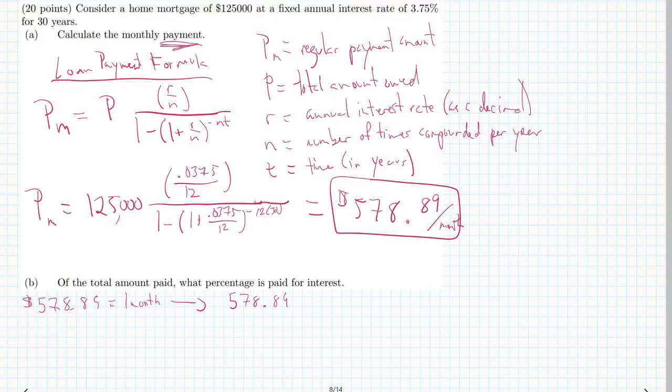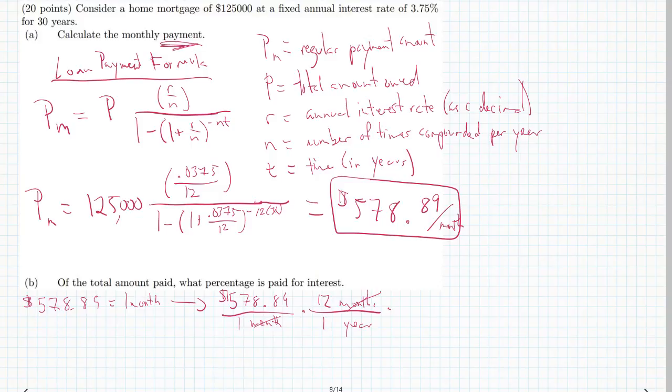How long does a loan last? So this amount in dollars is 1 month. And remember, our loan lasts for 30 years. So first, we have to get rid of the months. And we'll convert this to years first. So there's 12 months in 1 year. Now, the months will cancel.